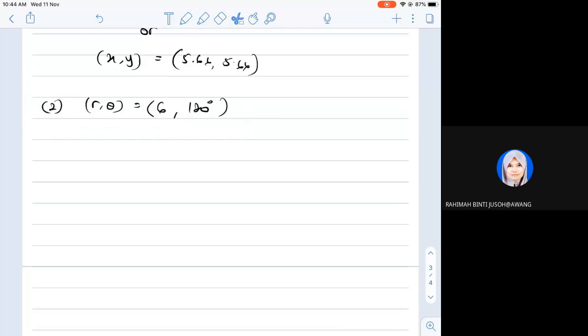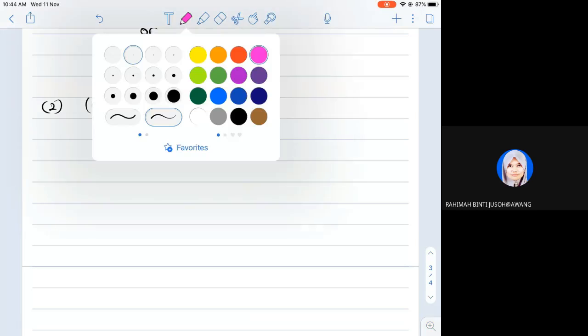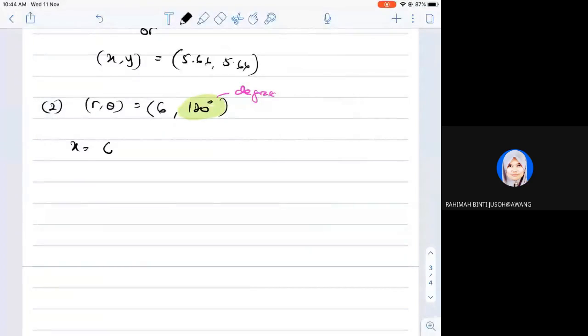Okay, now we have degree mode. Okay, 120 degrees. So make sure you change your calculator into degree mode. Okay, this is D for degree in the calculator. Okay, so x equals 6 cos 120 degrees. So it should be 6 multiplied by negative 1/2, right? Cos 120 is negative a half, right?